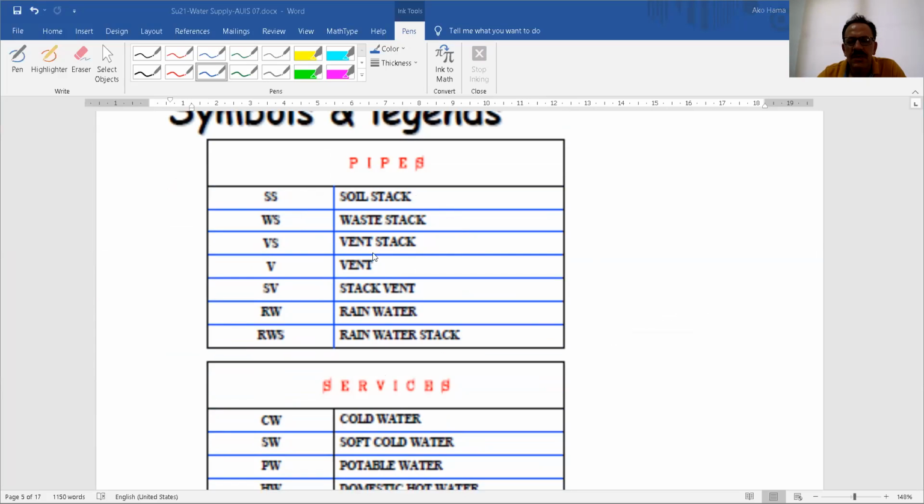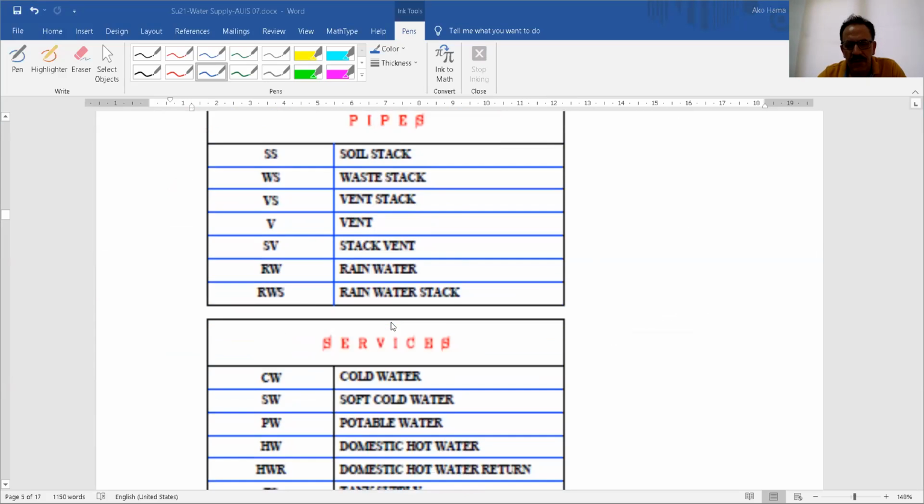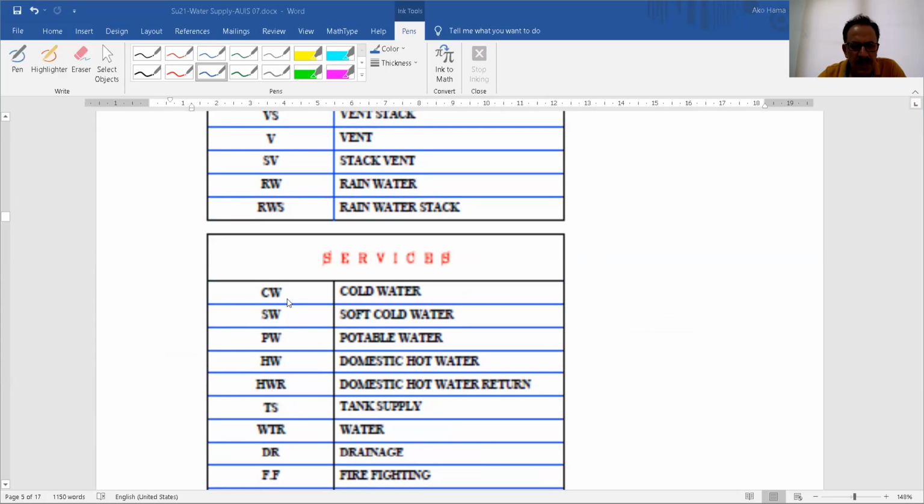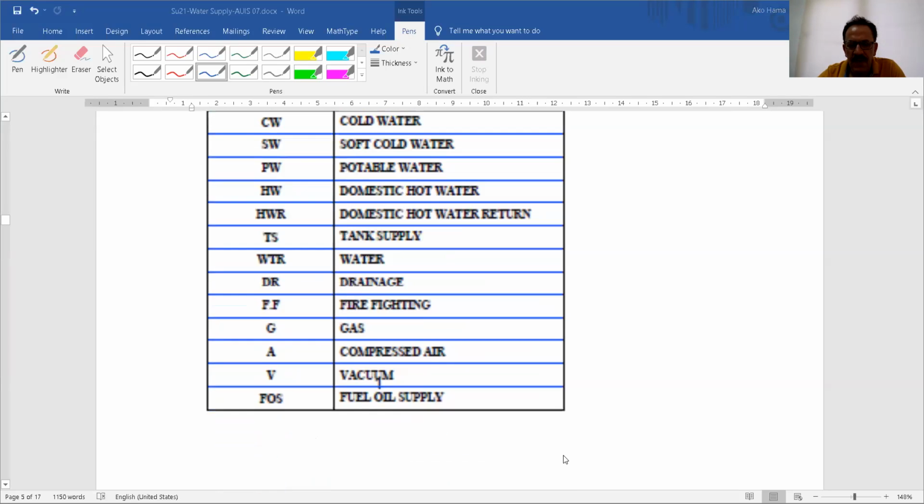These are the units that we have in the code, and there will be, for example, CW, which means cold water, and SW soft cold water, and PW, which is potable water, and HW domestic hot water, and the domestic hot water return. Sometimes there will be a return from chauffage systems, or mechanical return. TS, which is tank supply water, and DR drainage, and FF, which is firefighting.